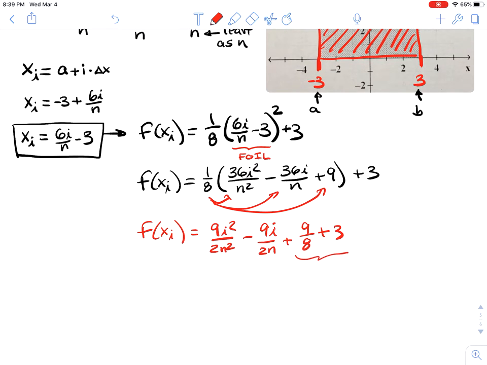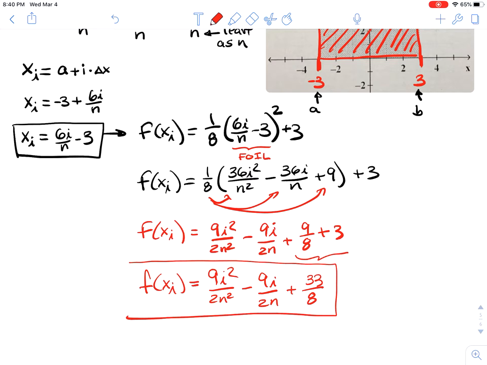And since these are both constants, let's combine them. And that is our function f of x sub i.